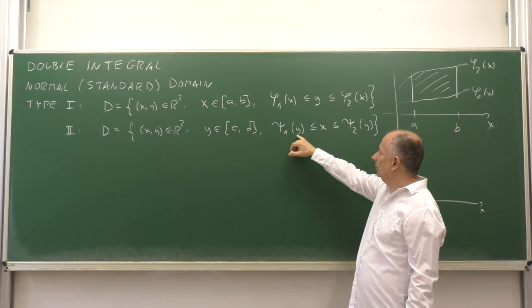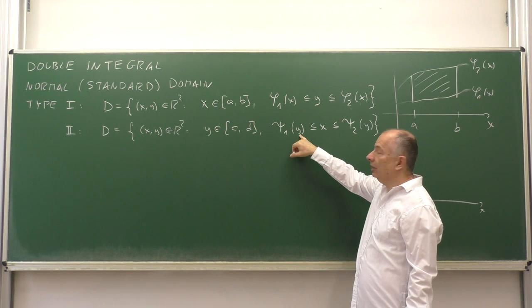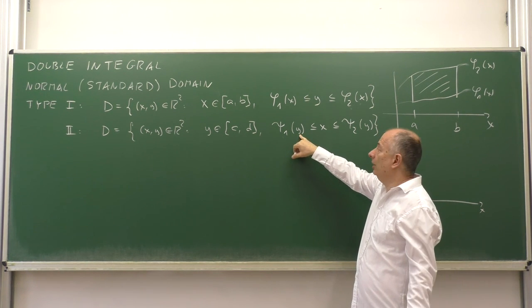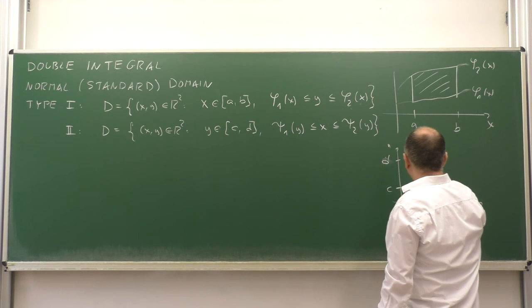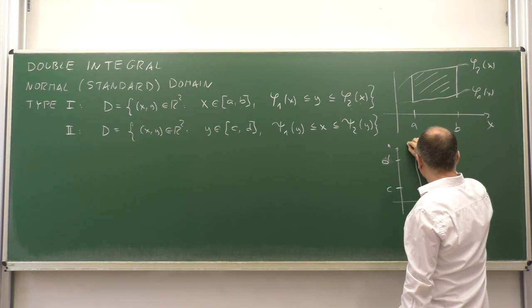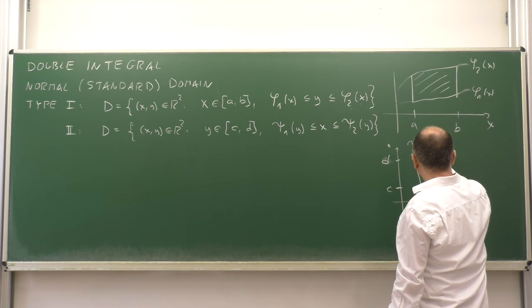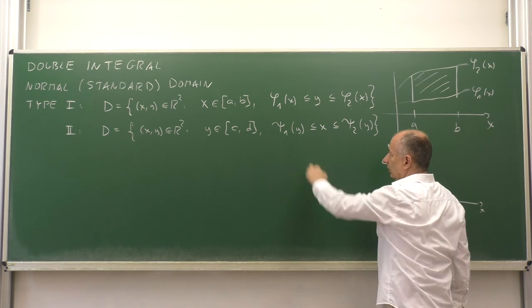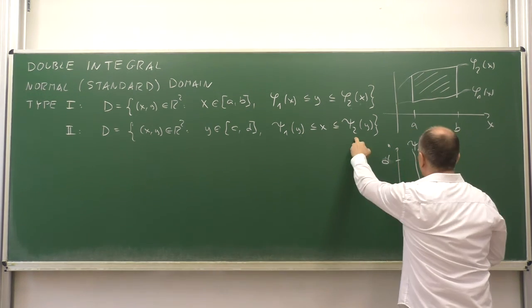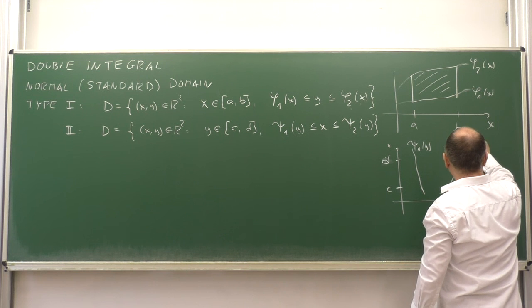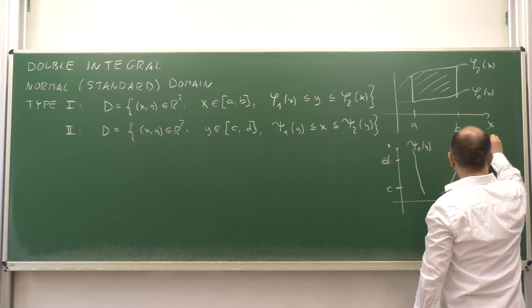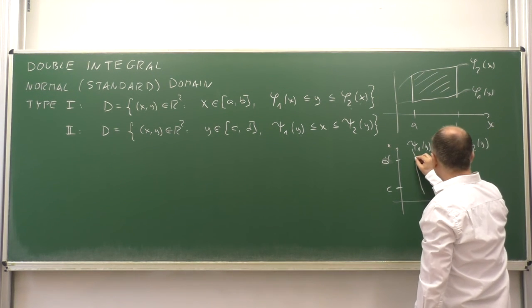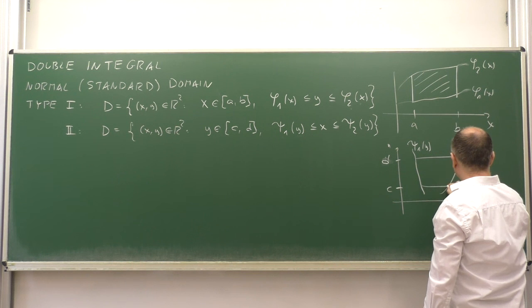This time we use the functions as functions of y, psi1 of y, which will be the lower bound of x, and psi2 of y, and then we consider this set.